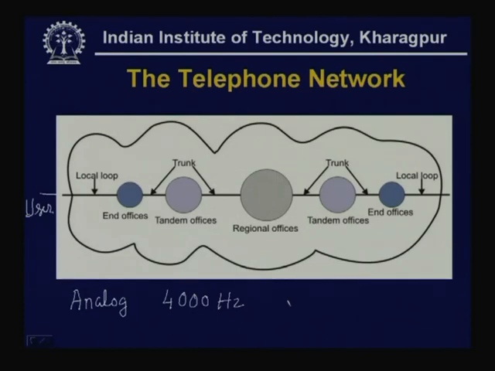So, it is simply a twisted pair of wire, which is led from the end office, which is essentially the telephone exchange. From the end office, with the help of twisted pairs of wire, it is connected to our home or office, and it provides an analog transmission capability with bandwidth of 4000 hertz.